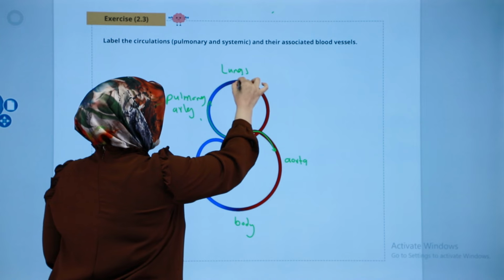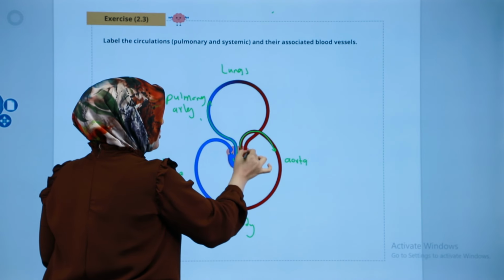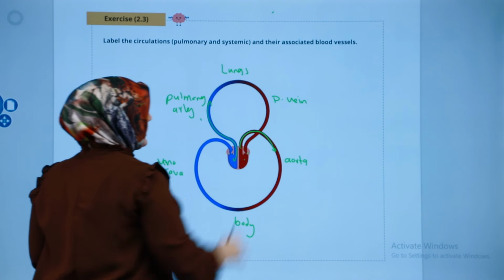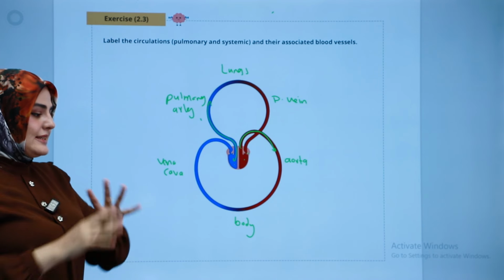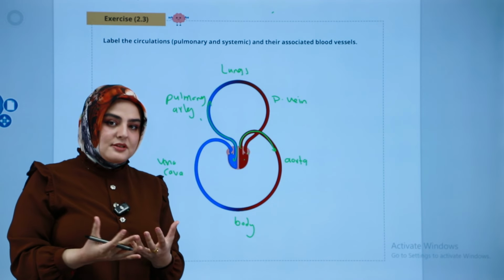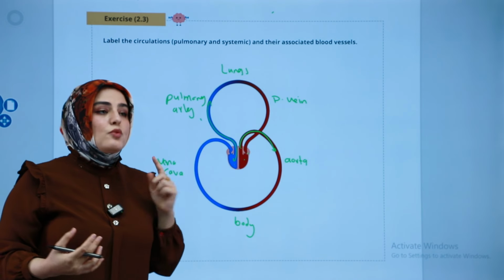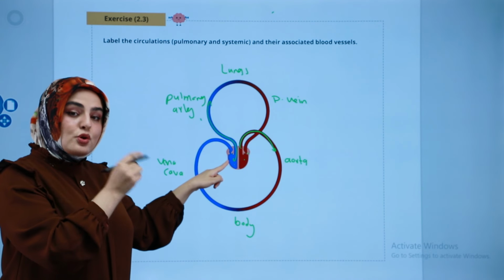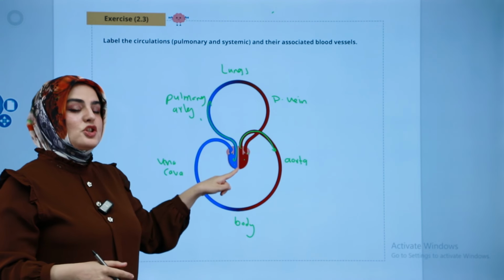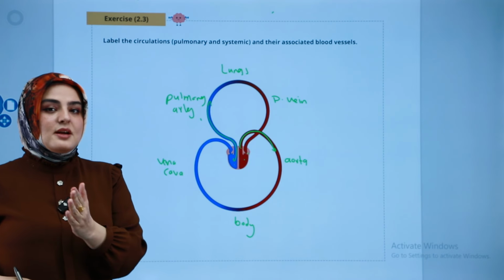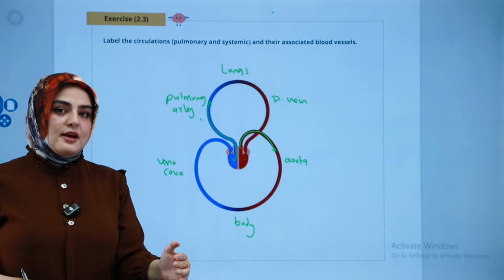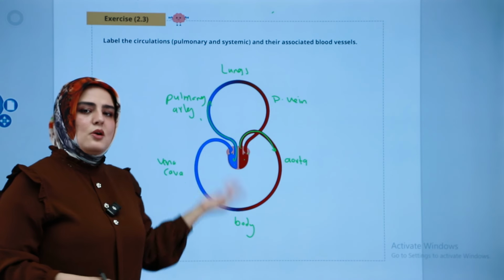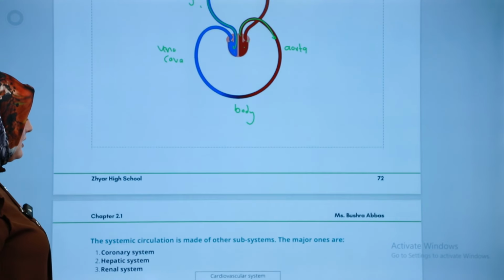This one, however, it goes back to the left atrium, so it's pulmonary vein. So if at any point you doubted which vessel is which, remember, what they're connected to, okay, according to the chamber, you would know which one is which. Left ventricle, for example, is always connected to aorta. Left atrium is always connected to the pulmonary vein, and so on for the rest of the system.